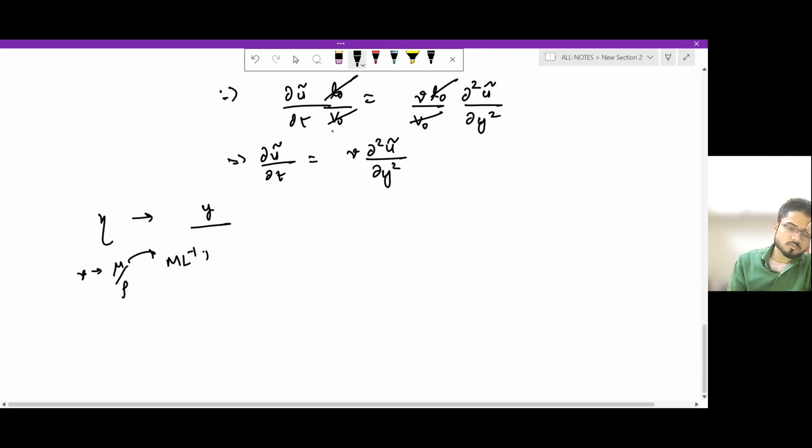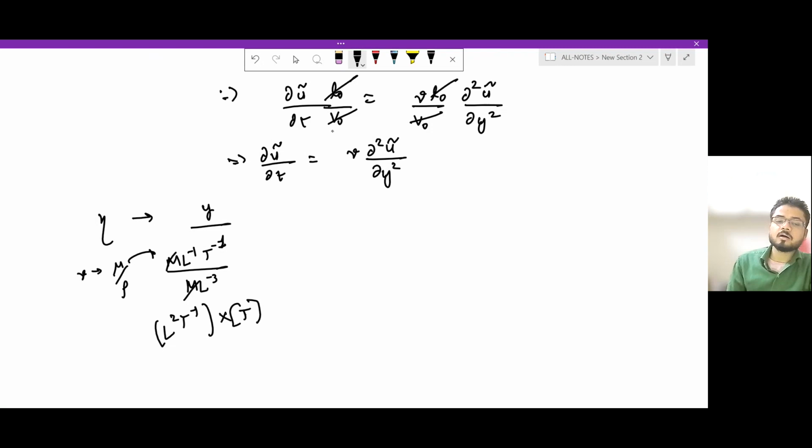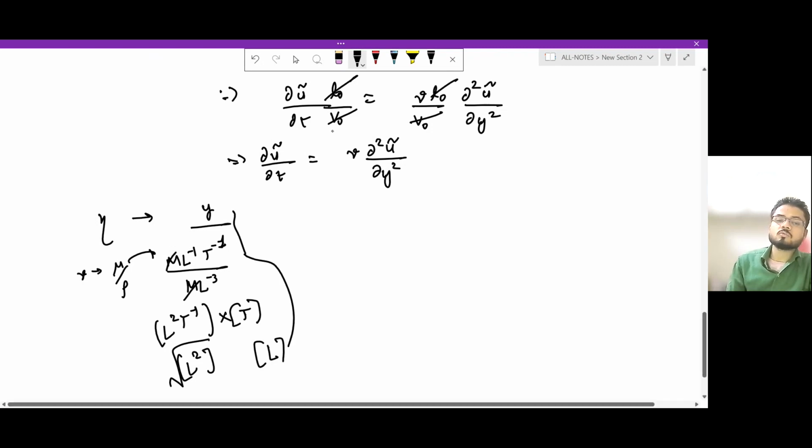It was M L⁻¹ T⁻¹ divided by M L⁻³, and this becomes L² T⁻¹. So if we multiply it by t, that is the time, then this would yield L squared. And if we take a square root, then this would yield L, which is identical to y.